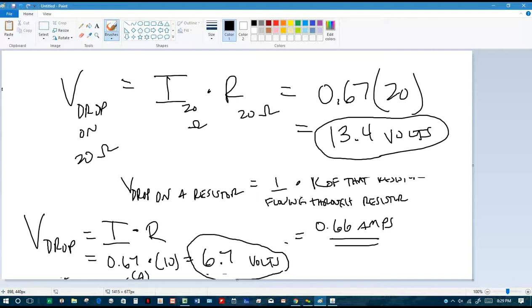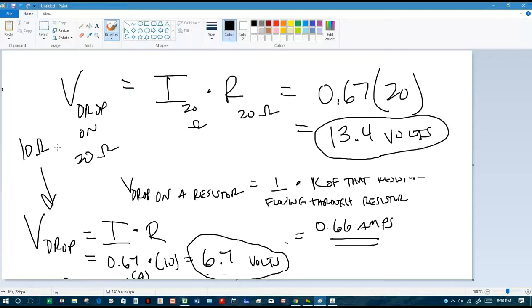And what do our two predictions add up to? They both have circles around them on the whiteboard. They add up to 20, which is Kirchhoff's law, right? And notice, this is the last thing. This is the important idea. It used more voltage to get through the 20 ohm resistor, right? And it used less voltage to get through the 10 ohm resistor.